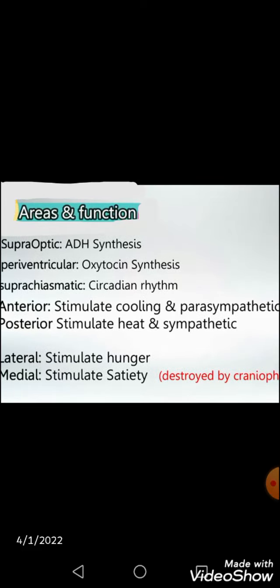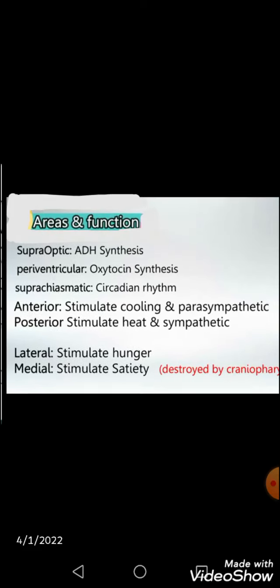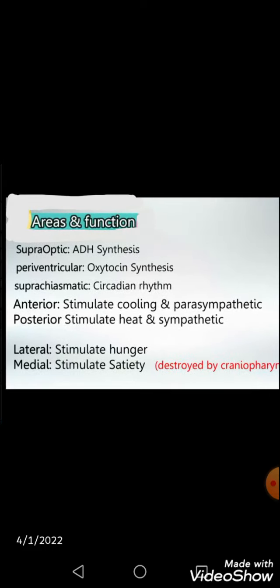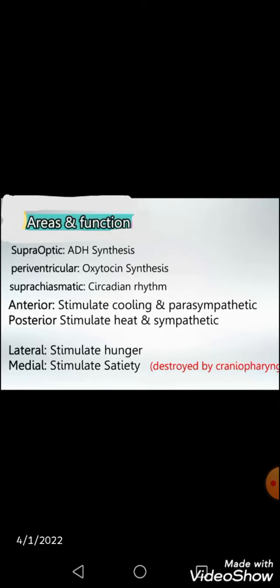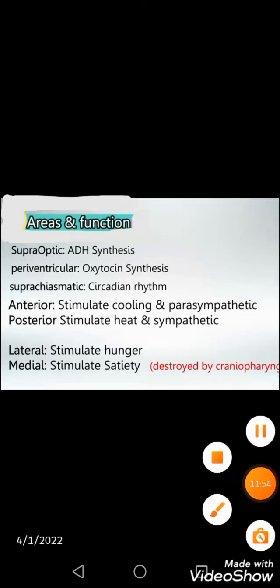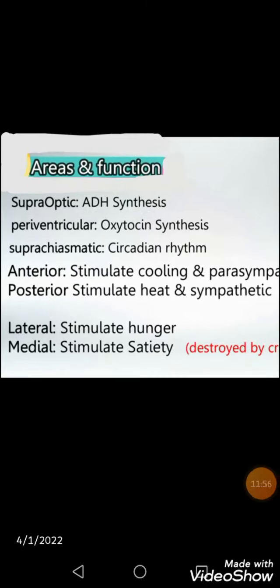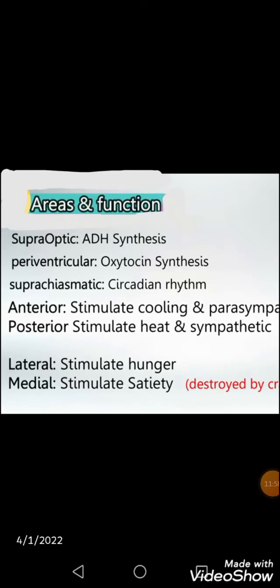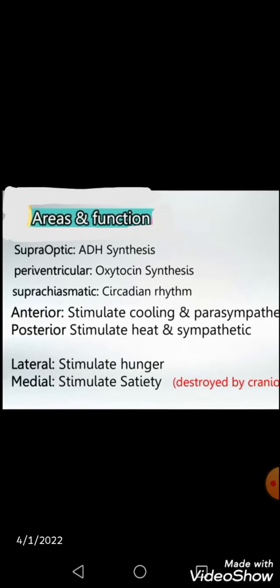And if we stimulate the anterior portion, that causes cooling and parasympathetic system stimulation, right? And when the posterior portion of the hypothalamus is stimulated, it causes heat and the sympathetic system is activated.